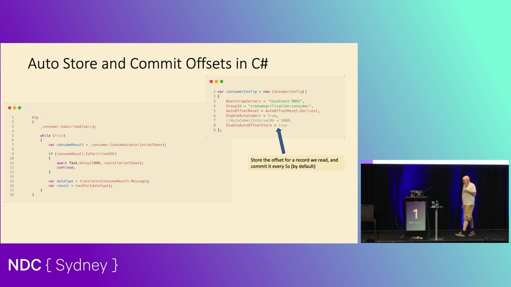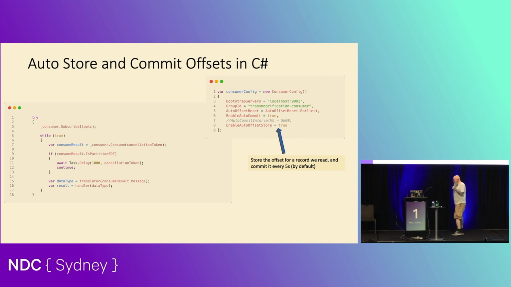Okay. So the offset commit, when it's auto, says, as soon as I read something from the stream, treat that as read and commit that offset. Okay.